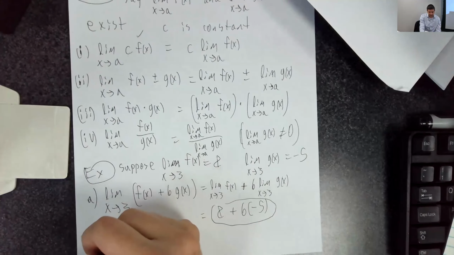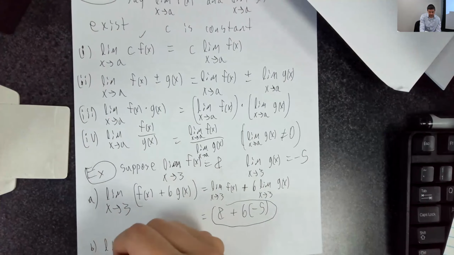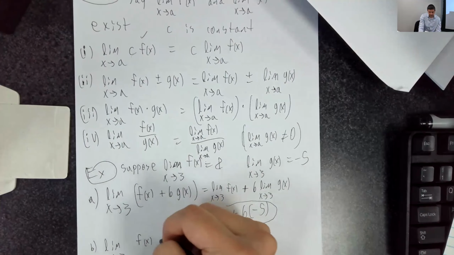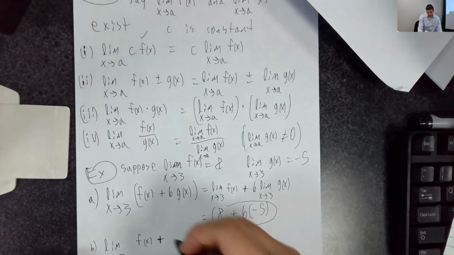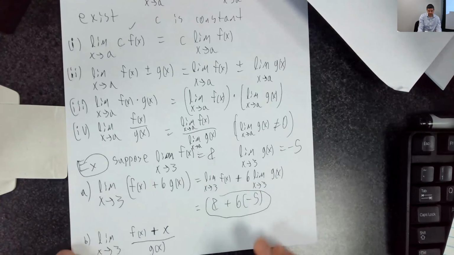If they ask you for the limit as x goes to 3 of f of x plus x over g of x.